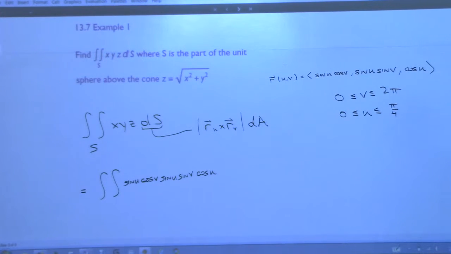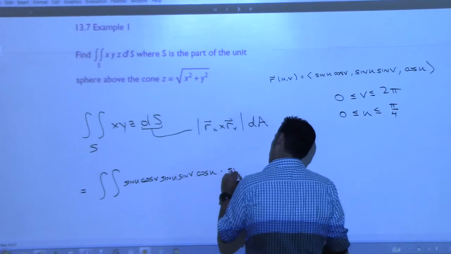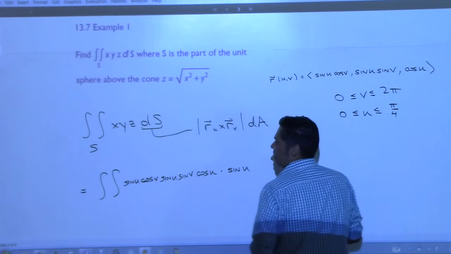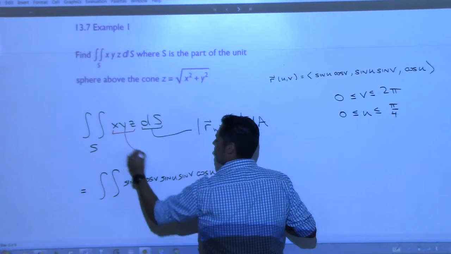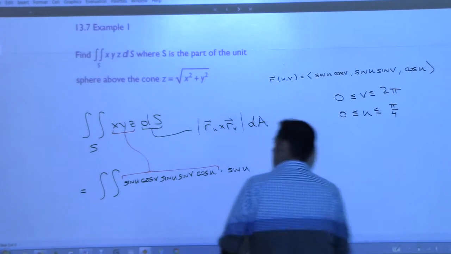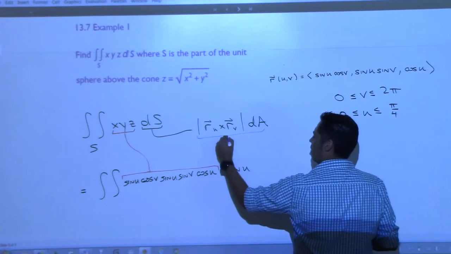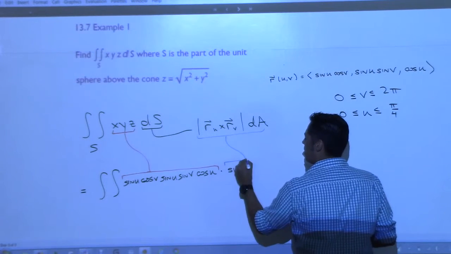So do we know what the magnitude of the cross product of the partials of this is? We did all that already. It was just sine u. So this part right here times sine of u. This piece goes with all that, and then that other piece goes with this, but I still need some stuff out here.